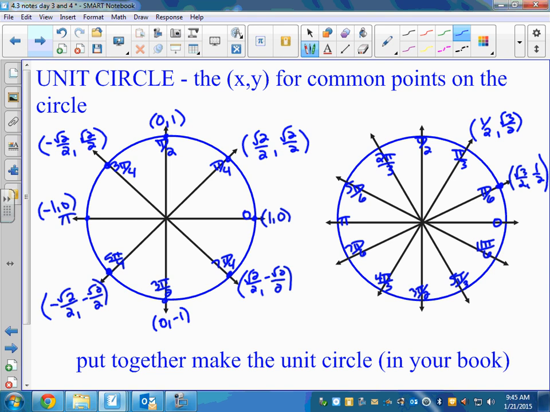So in quadrant 2, this is the ordered pair, negative square root of 3 over 2, 1/2. 7 pi over 6 is the ordered pair, negative square root of 3 over 2, negative 1/2. And 11 pi over 6 is square root of 3 over 2, positive 1/2. Nope, I messed that up. Negative 1/2.